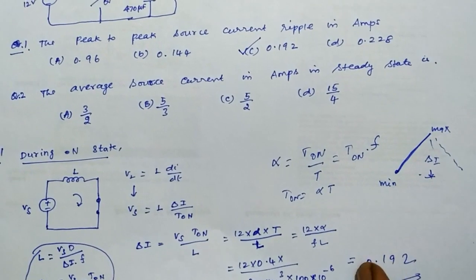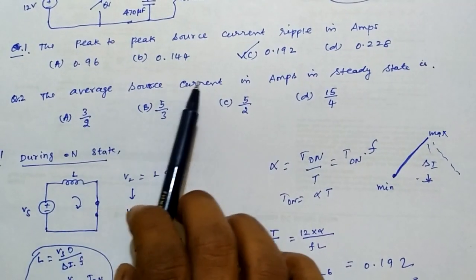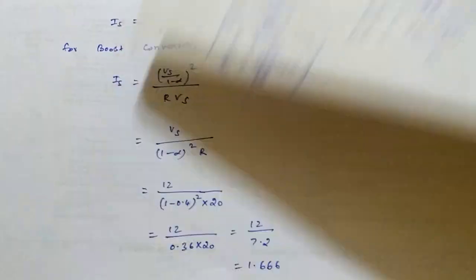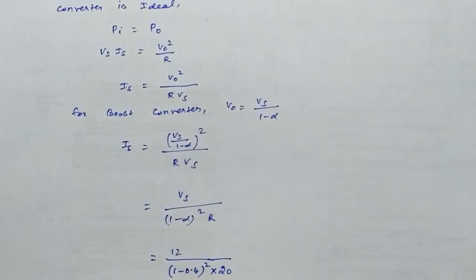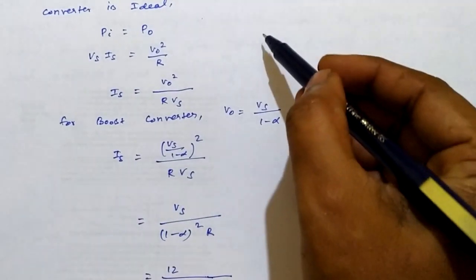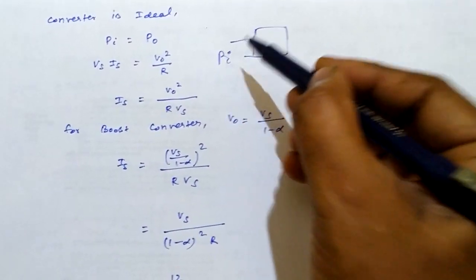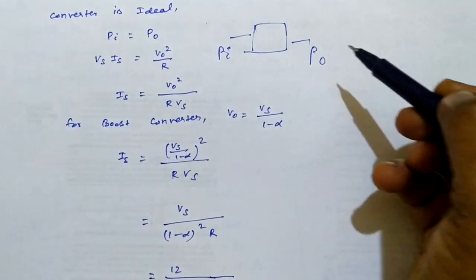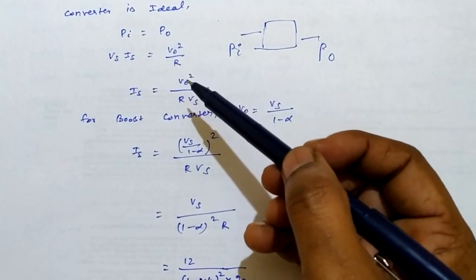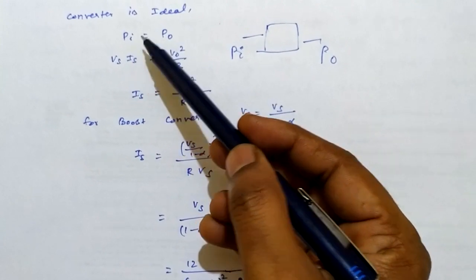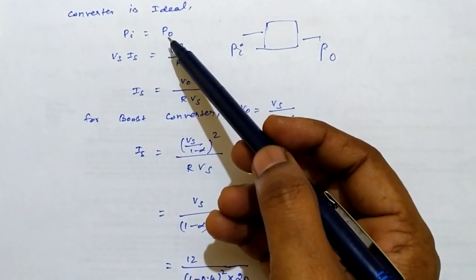Alright. Now the next question is the average source current, which can be calculated from the knowledge of power. Here this is a boost converter. We have the input power and output power. Let us consider this an ideal converter with no losses, so input power is equal to output power.